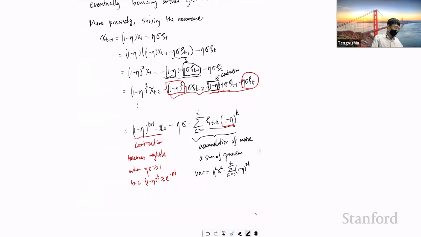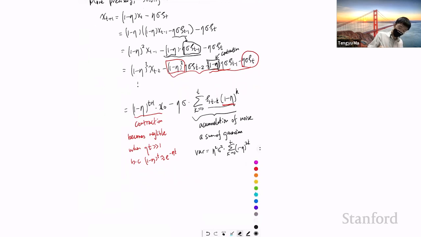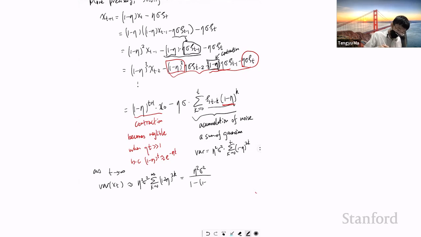The point is that if you take t to infinity, then you can know the limiting variance, the variance at the end. If t goes to infinity, you can compute the variance of xt as roughly η²σ² times the geometric series, 1 over 1 - (1 - η)².